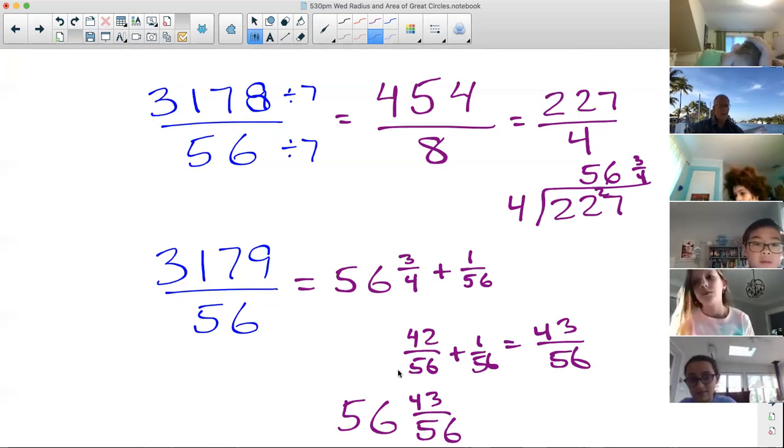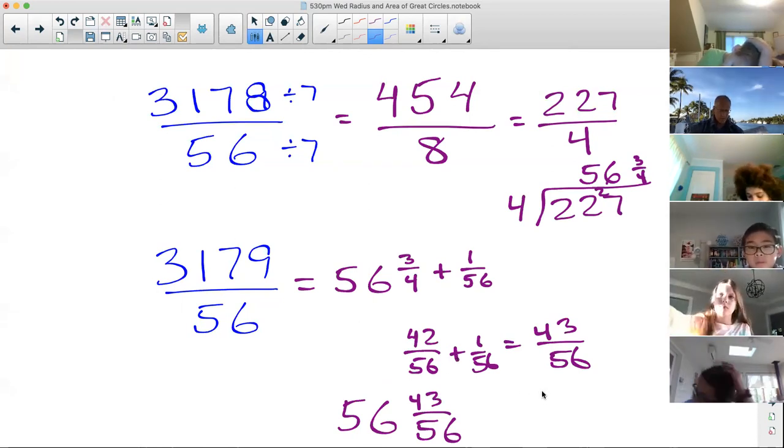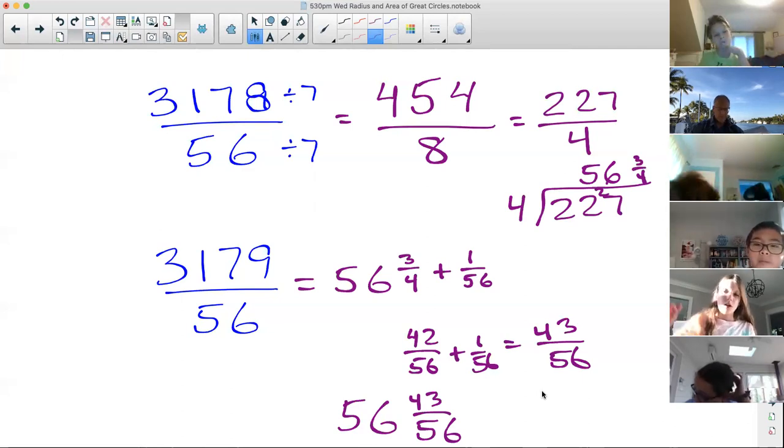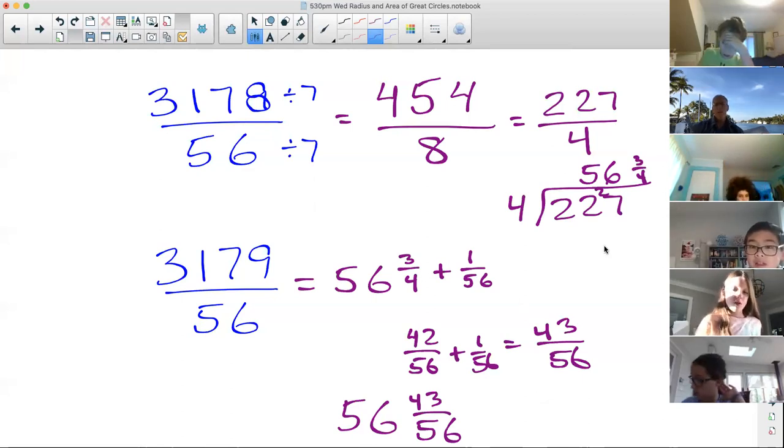Because this is a little bit out of the box, and I'm interested to see what you guys think about this strategy. I got 227 over 4, but what do I do now?